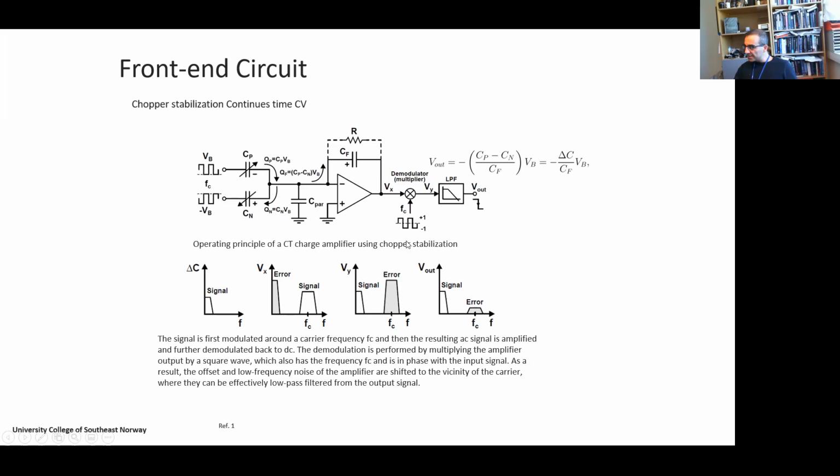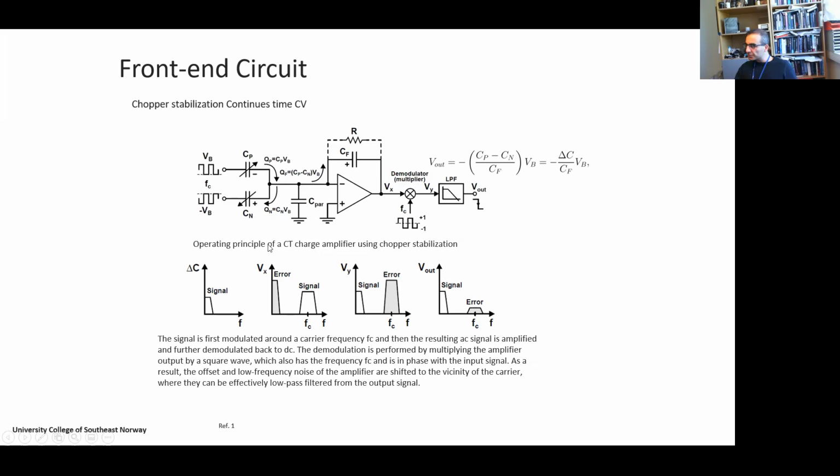So when the demodulating is happening, the high frequency modulation signal is removed. So it means that our signal is being moved back to the low frequency region.